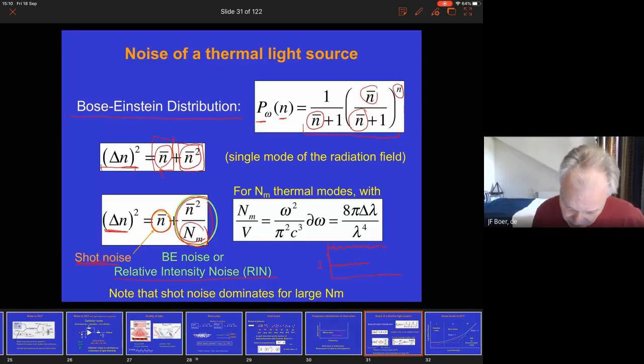But for the intensity, doubling the intensity, the standard deviation here increases by the square root of 2. For the intensity noise, that fluctuation increases by a factor of 2. And the reason is that this one scales linearly with n, and this one scales with the square of n.